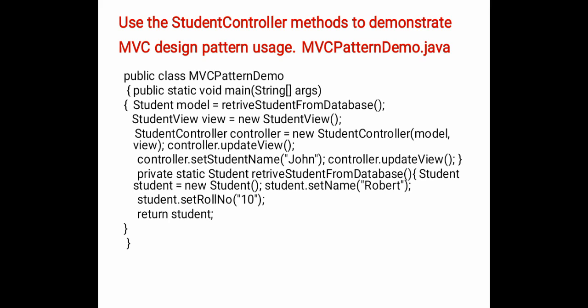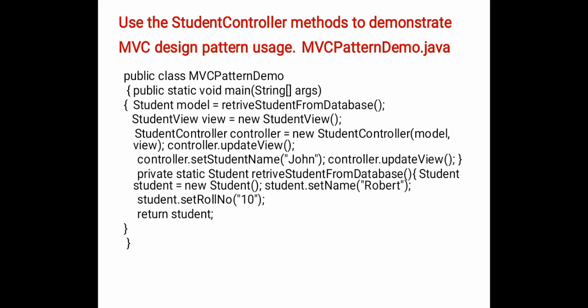In the object model we are calling the method retrieve student from database, and we are creating an object view with the help of student view. There is a controller object. In the controller object we are passing model and view as parameters. Then we are calling the update view method.